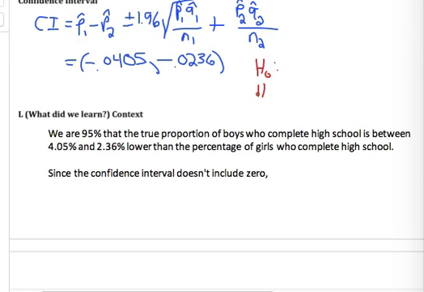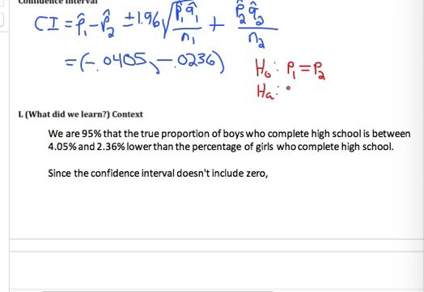H sub O, H sub A. What goes in here, parameters or statistics? Parameters. I think we called it 1, right? So we have 1. We're going to start by assuming nothing unusual is going on and that males are equal to females. Should we do a 1 or a 2-tailed test?